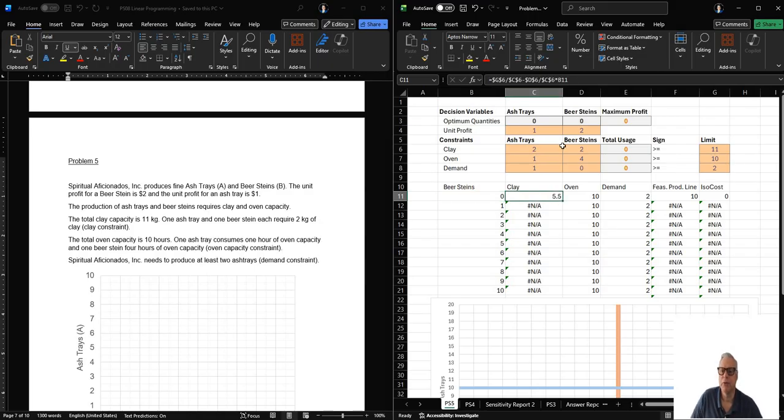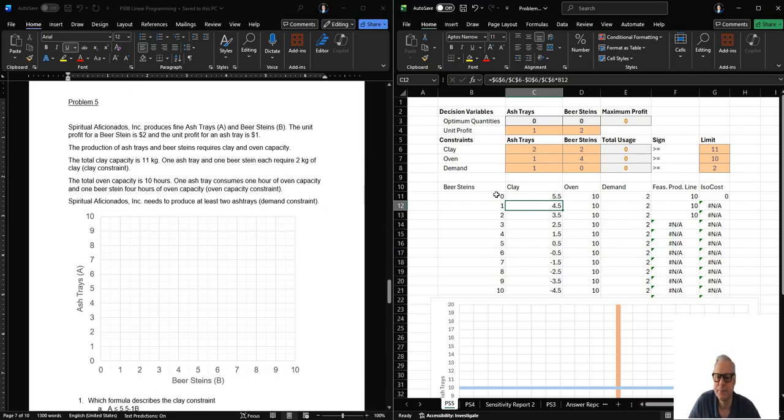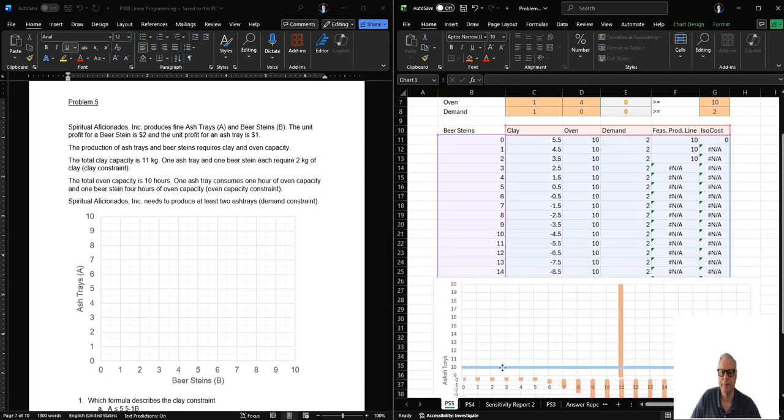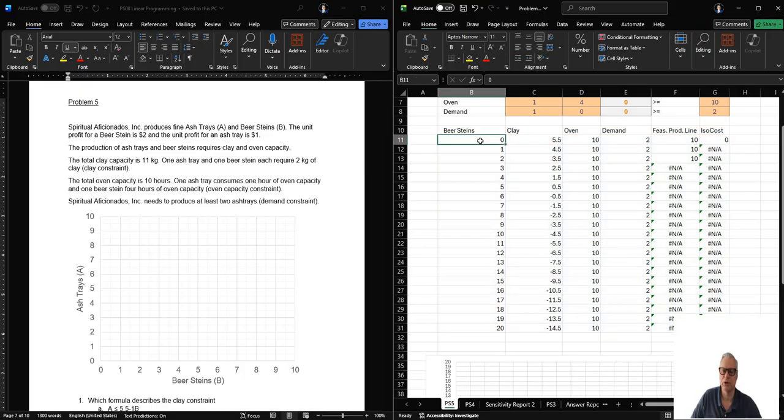And again, I want to avoid negative values. And in order to replicate the graph that you see in the problem set, what I quickly will do is I will also limit the x-axis to 10, and I will just add a step value of 0.5.